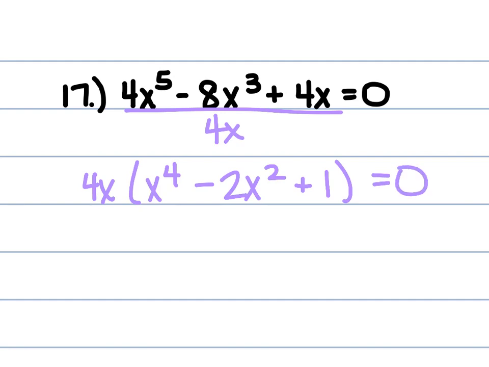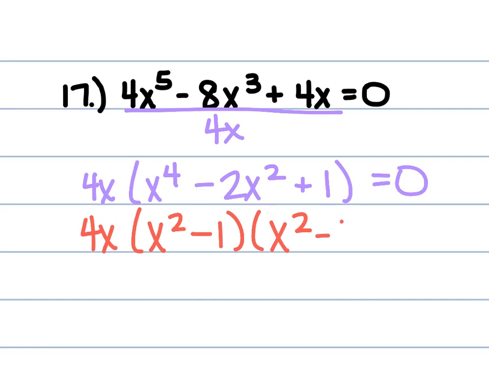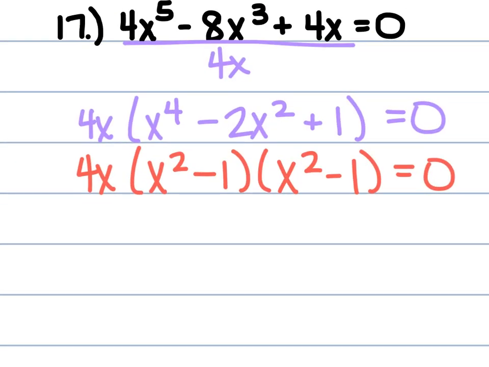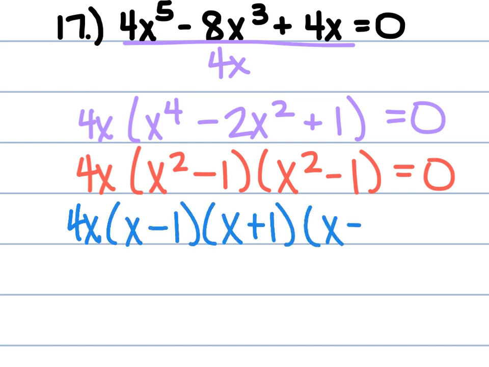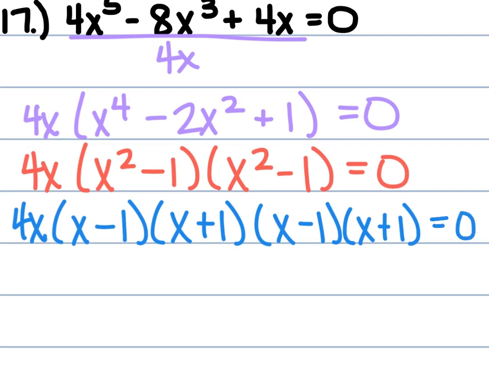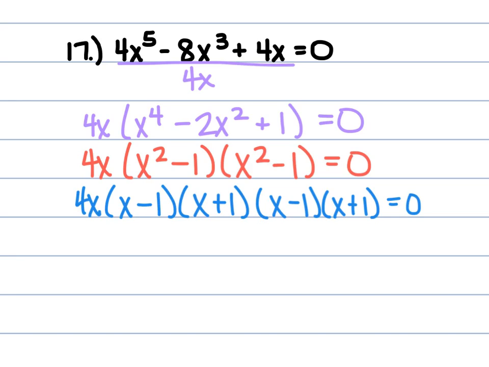You can factor this x to the 4th minus 2x squared plus 1 into 4x times x squared minus 1 times x squared minus 1 is equal to 0. Now you can factor these out as well to be 4x times x minus 1 times x plus 1 times x minus 1 times x plus 1, and set it all equal to 0. So now set each part equal to 0, or rewrite.